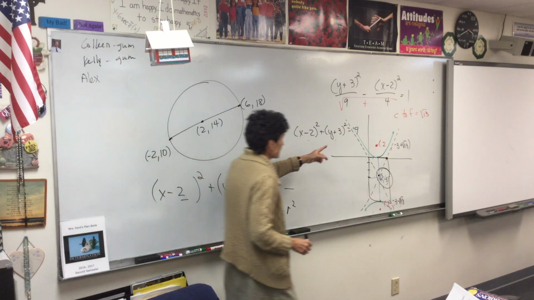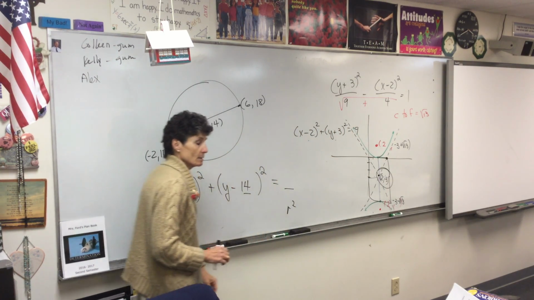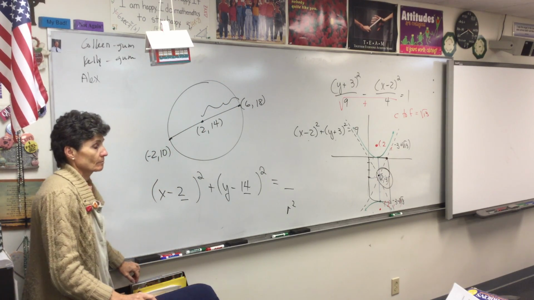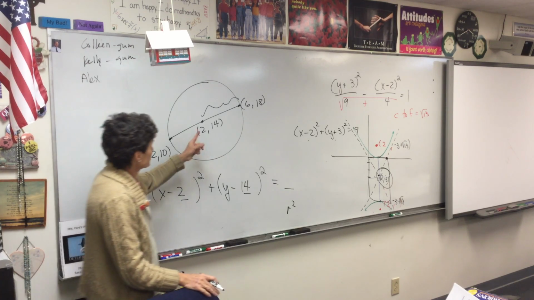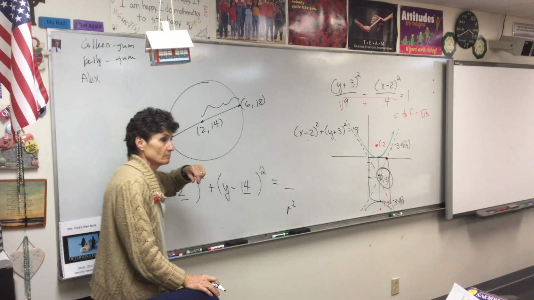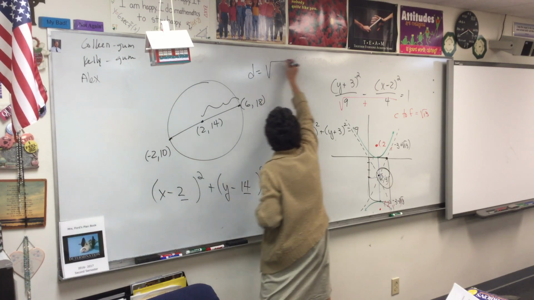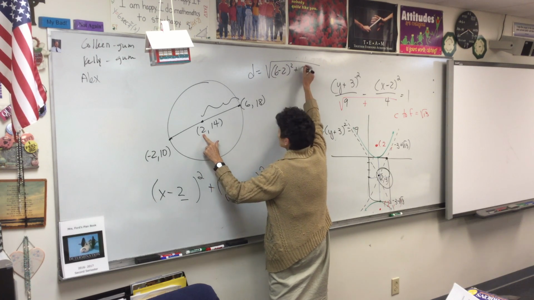So if that number is a 9, you know the radius is 3. Well, isn't this the radius? So I need to figure out the distance between here and here. And the distance formula is 6 minus 2 squared.